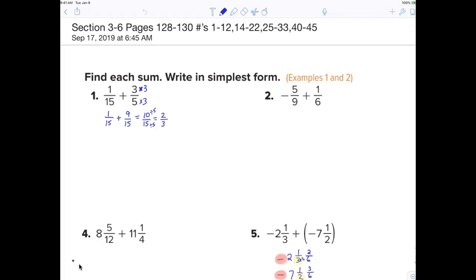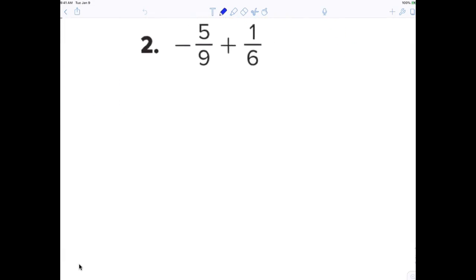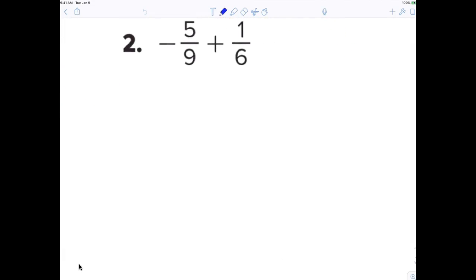For question number 2, we just have to first find a common denominator. And the common denominator is what? 18. Now, what I'm going to remind you of: are the 9 and the 6 relatively prime? The answer is no. The reason why we say they're not relatively prime is because there is a factor that is common with both of them: 3.